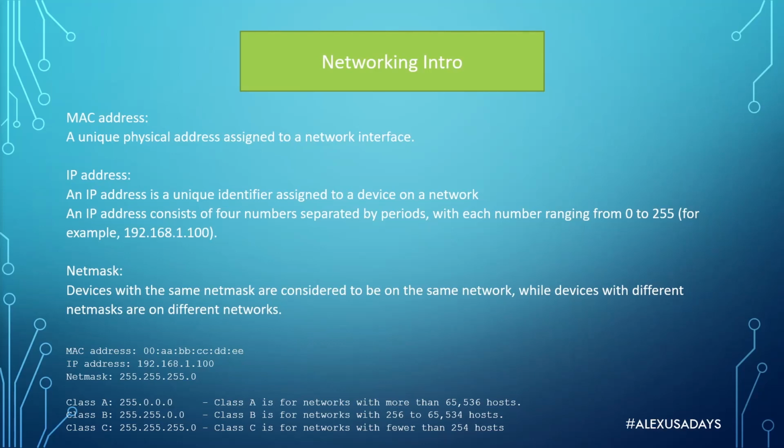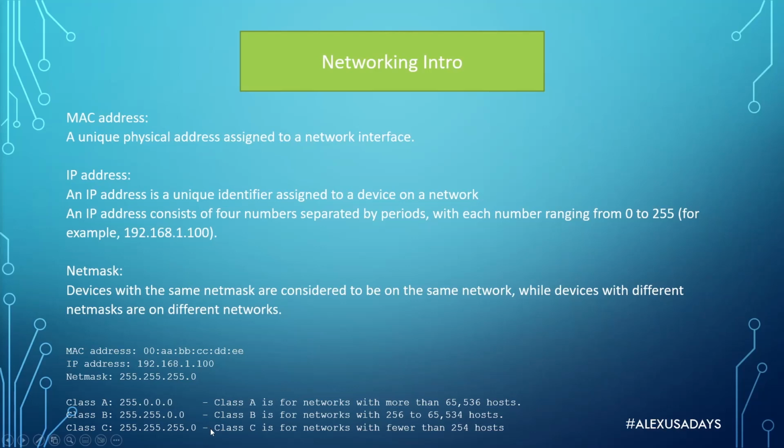There are different types of netmasks. There's Class A, Class B, and Class C. For test settings, most likely you're going to use Class C, so 255.255.255.0. This 0 is determining the last number here that is responsible for the address of the device.